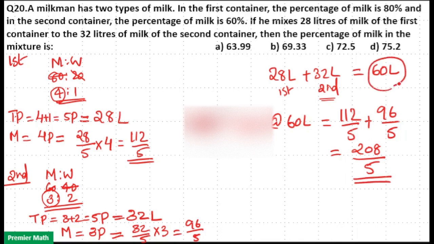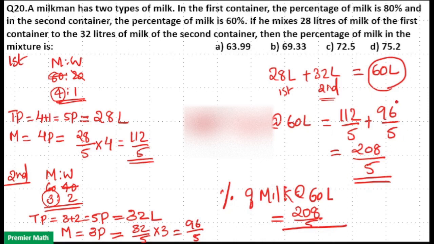So the percentage of milk in the 60 liter solution is 208 divided by 5, divided by the total solution of 60 liters, into 100. That means 208 divided by 60 into 5, into 100, is equal to 208 divided by 300 into 100. So the zeros cancel. 208 by 3 is the same as 69.33. So your answer is option B.